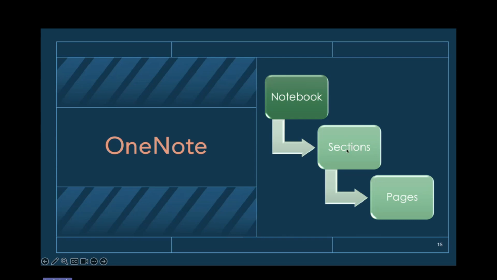Sections are chapters, and pages are also pages, like in a book. And that's the structure of OneNote. So it's the notebook with different sections, with different pages, like a book with chapters and different pages. You won't get confused, because you'll see in the layout, it's very, very clear on where is what.